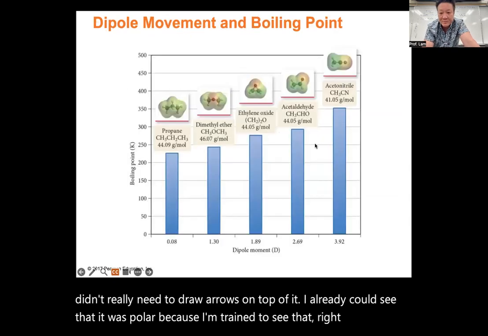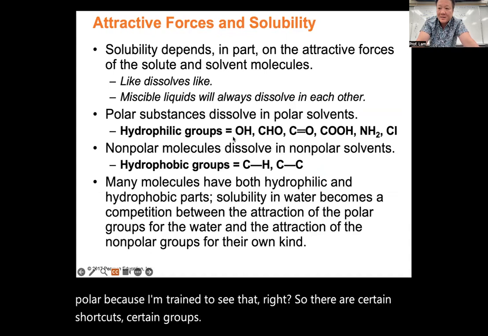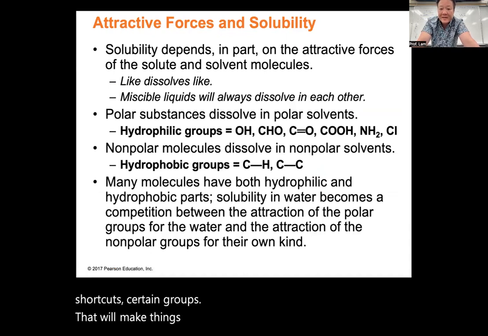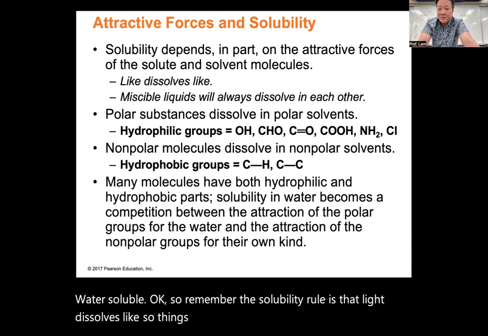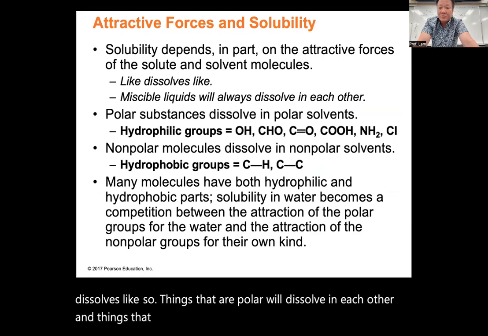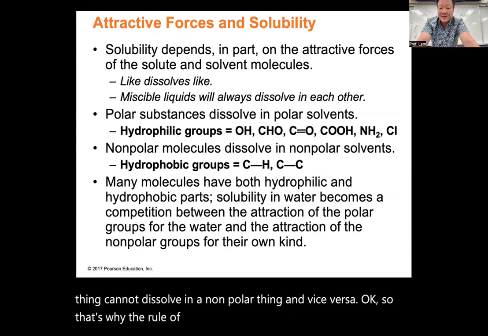So there are certain shortcuts, certain groups that will make things polar, and therefore water soluble. Okay. So remember the solubility rule is that like dissolves like. So things that are polar will dissolve in each other. And things that are non-polar will dissolve in each other. But a polar thing cannot dissolve in a non-polar thing and vice versa. Okay. So that's why the rule of thumb is like dissolves like.